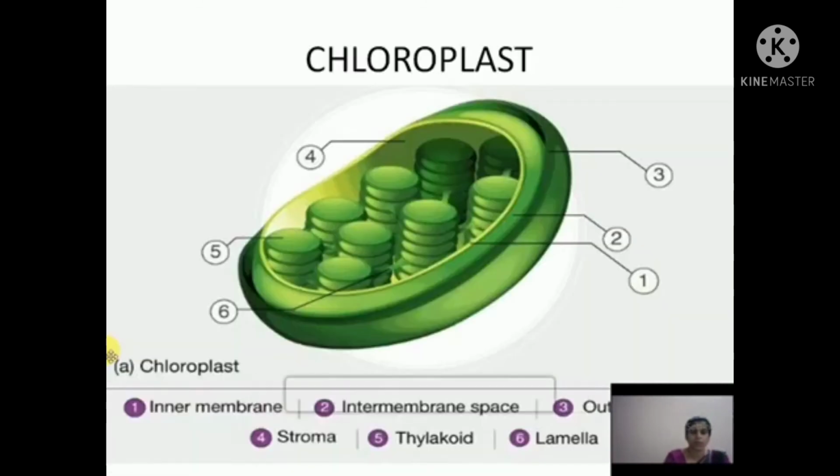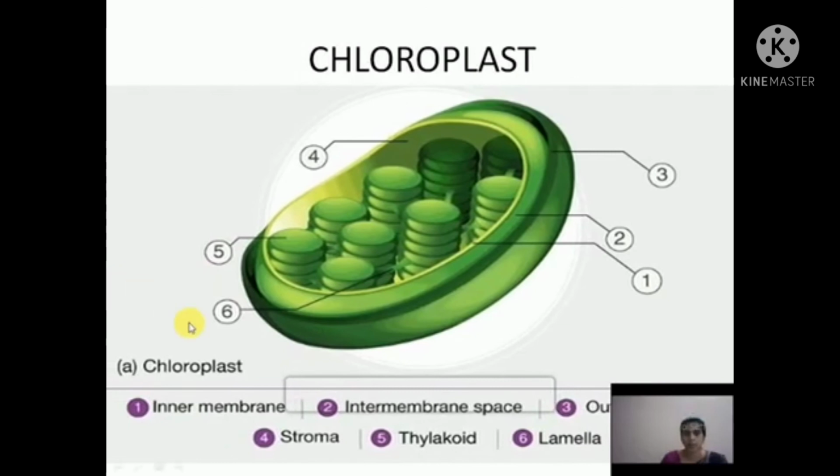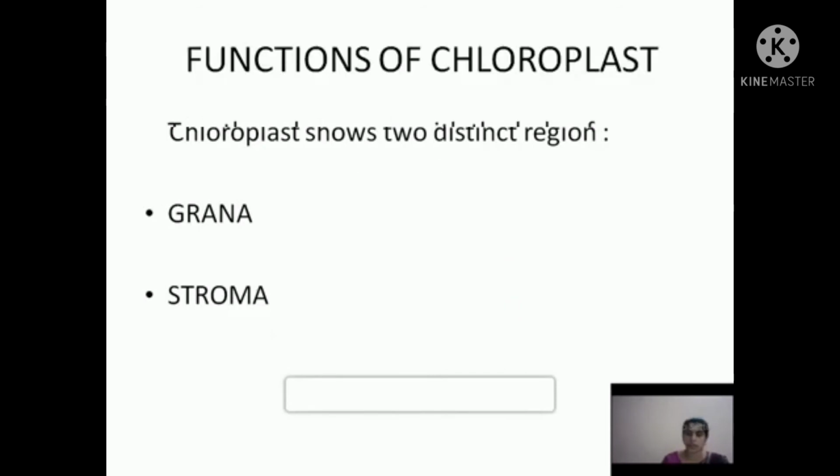The stroma is a ground substance that is embedded in the grana, and this contains a variety of photosynthetic enzymes and starch grains.